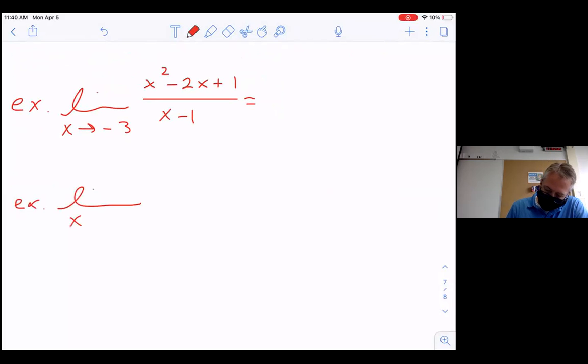Then we're going to find the limit as x goes to negative 3 of a different function. Now I'm going to change it. x squared plus 4x plus 3 over x plus 3.